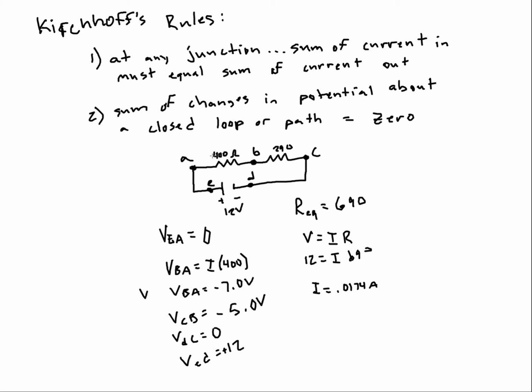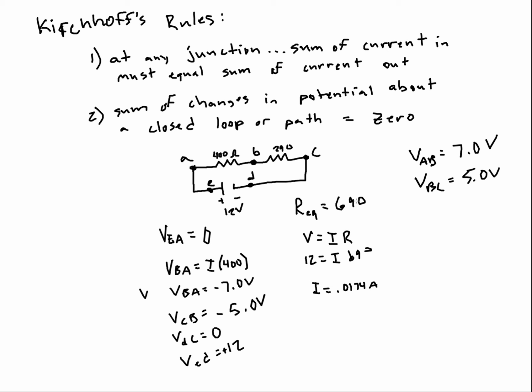So in other words, the voltage drops need to add up to my total voltage. So if you looked at it like this, and if you calculated VAB, well, that gives me 7. And then VBC, that gives me 5. So then if you look at VDE, you're going negative to positive.